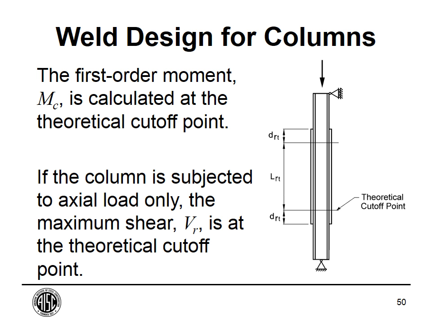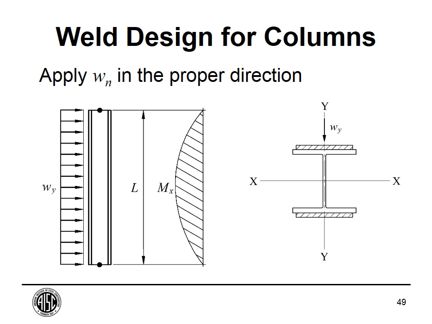Okay, let's move it back to slide 49. All right, this is what I'm trying to do in this picture, show you on the previous slide. Let's go back to 48 here.